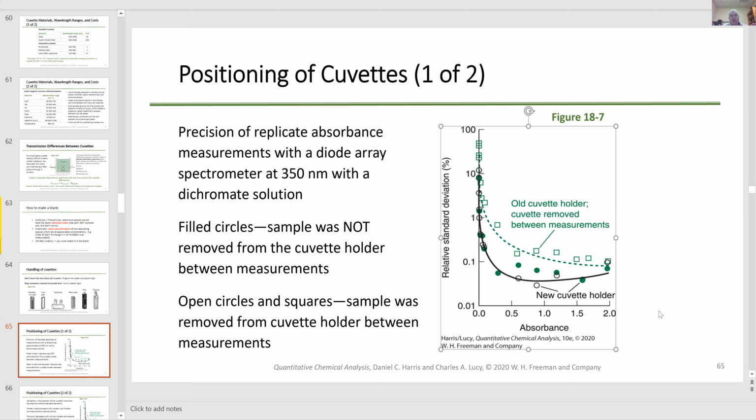And if your absorbance is 2, so you're absorbing 99% of the light, then your signal to noise ratio is 1.